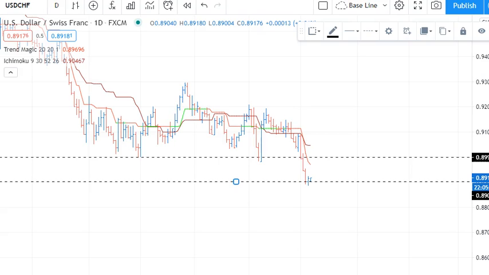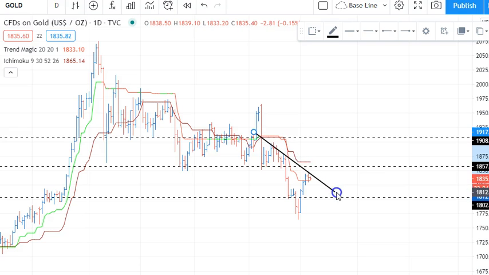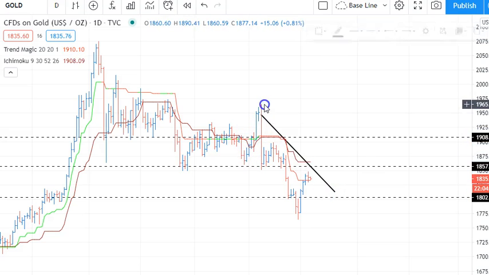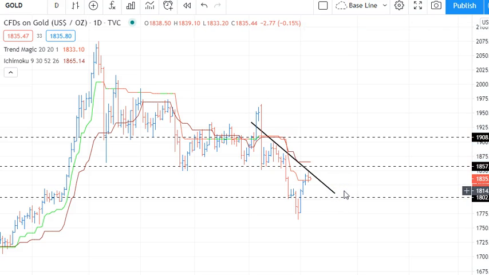And gold, still mucking about. There's that trend line we put in last week through there. It's just holding its own. I'm not going to even try and predict which direction this is going. I'm thinking in terms of another move down, so I'm watching this area here at 1830 odd.